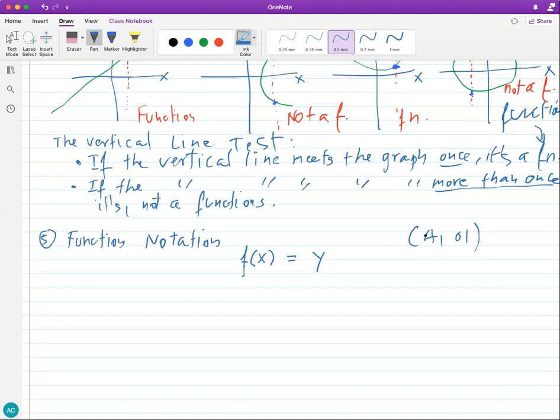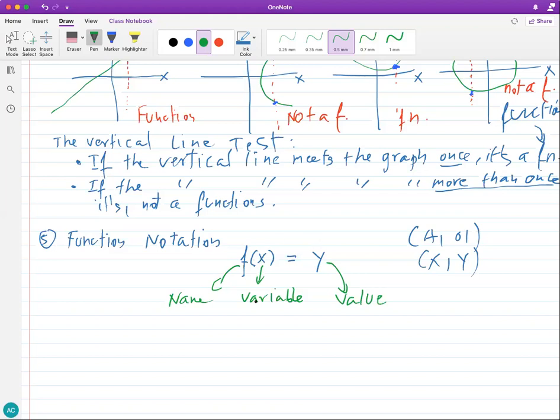So this is an ordered pair, which in general we say x and y. So x here and y here. If we put, for example, for the previous relations or functions, a here, the corresponding value will be 0, 1. So f is the name, x is the variable, and of course, y is the value corresponding to this x.